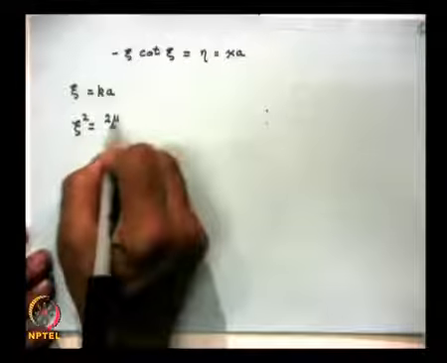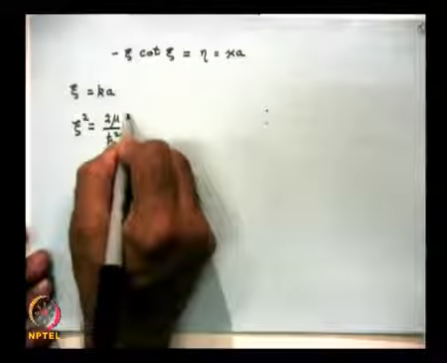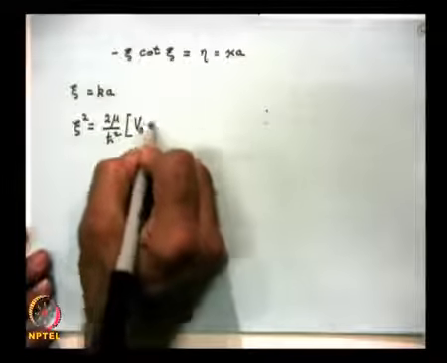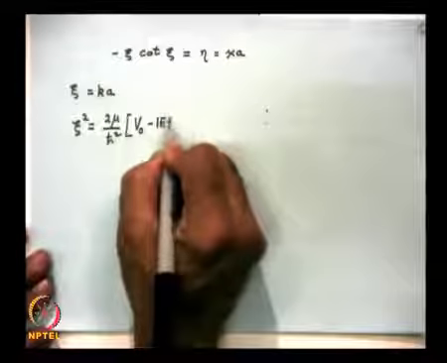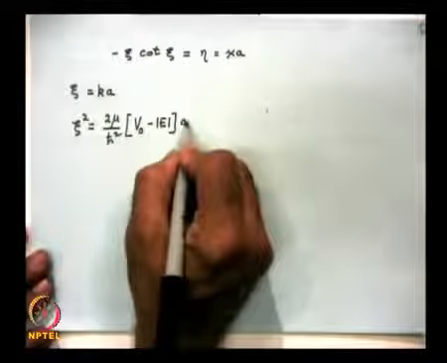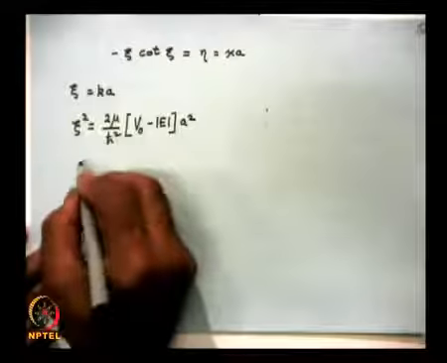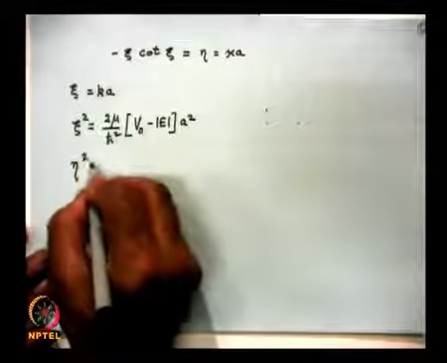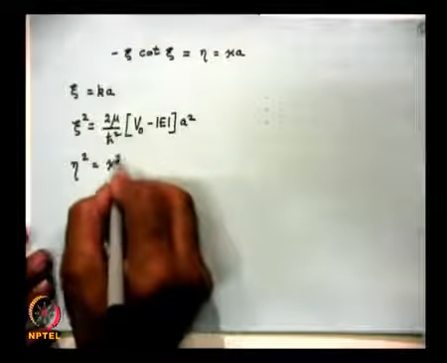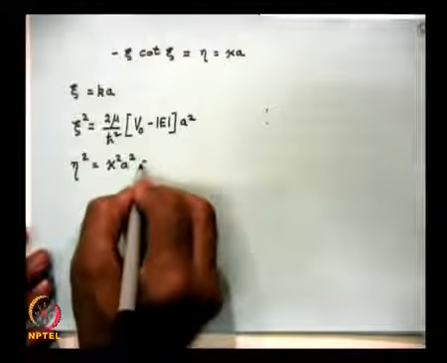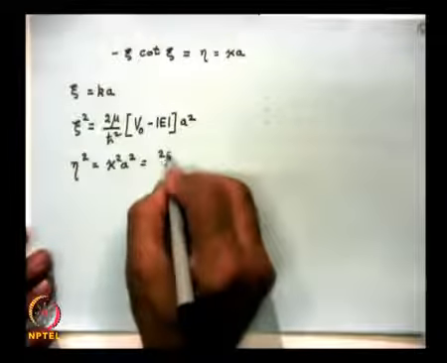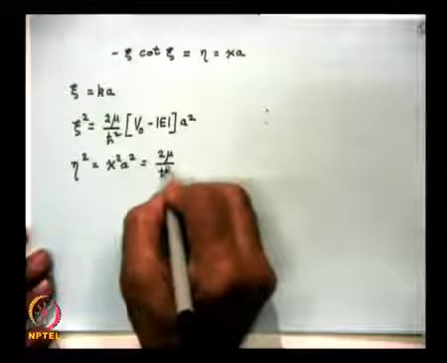So, 2 mu by h cross square V 0 minus mod of E A square, and eta square was equal to kappa square A square. So, this will be equal to 2 mu by h cross square.